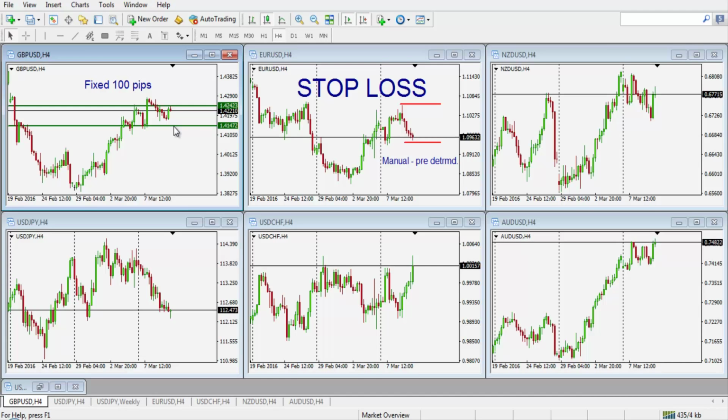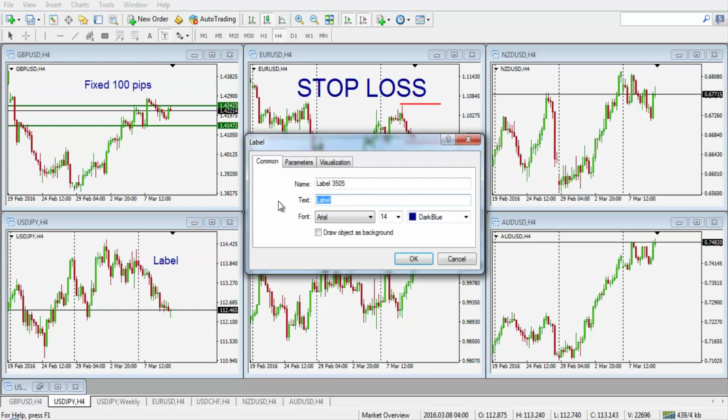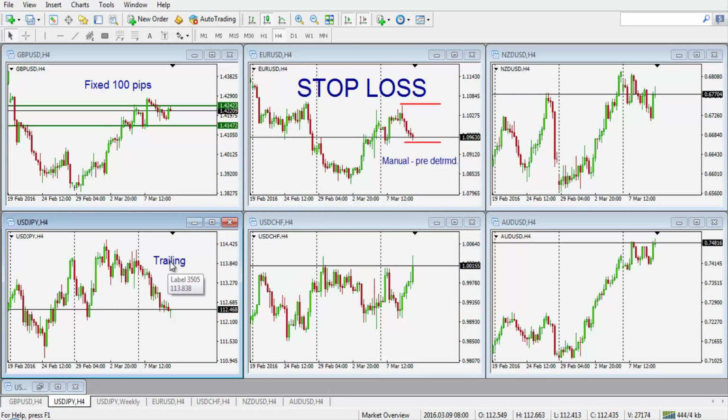Now the third one is what's called a trailing one. So what I'm going to do is put trailing here. What a trailing stop does, say you've entered short here, or you've got an order in to go short.